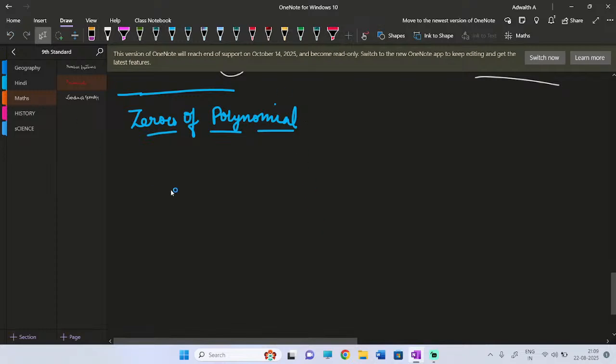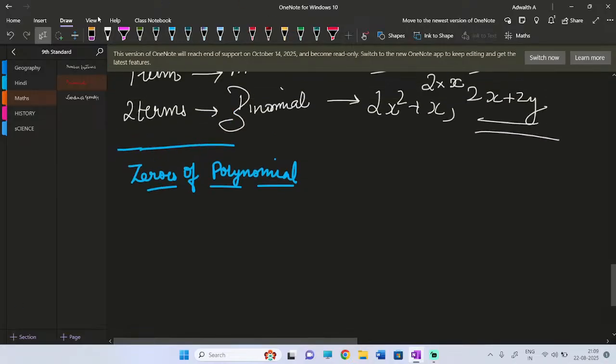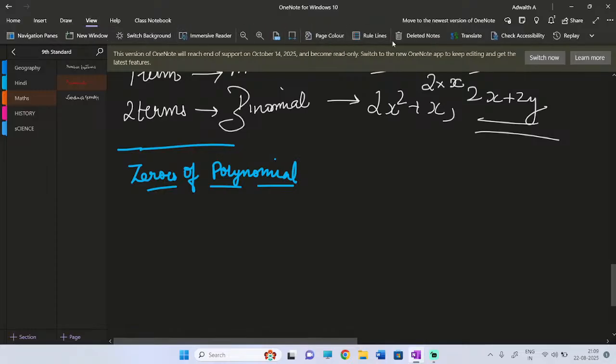Zeros of a polynomial is actually a very conceptual topic, so I'm not going to confuse you with mathematics words and all. So we'll just start with the basics, right?